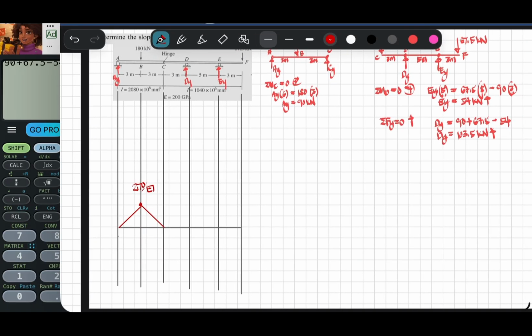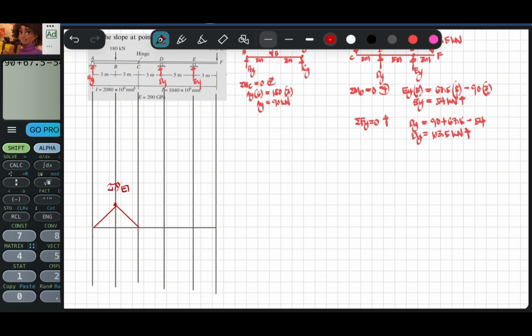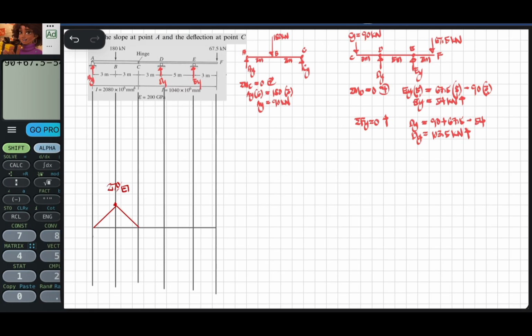And the next is to solve for MD. So let's cut the beam at point D. Solve for MD, and then use this segment. Here we have 90 downward, or CY, which is 90.